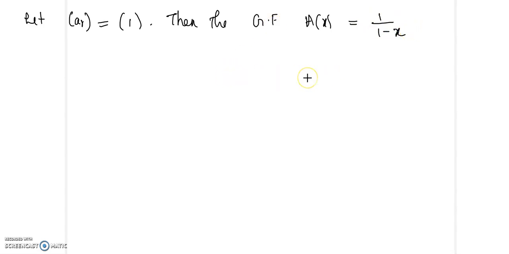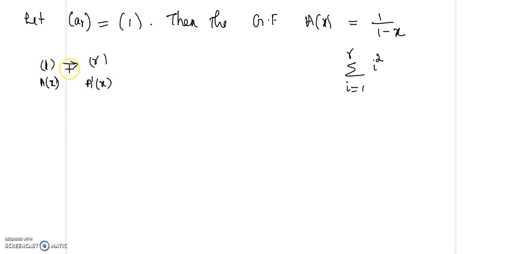Now what we need is summation i equal to 1 to r of i square. Okay, now if 1 is the coefficient, the generating function corresponding to the sequence 1 is A of x. Then if I apply the operation A dash of x, this becomes the sequence r.